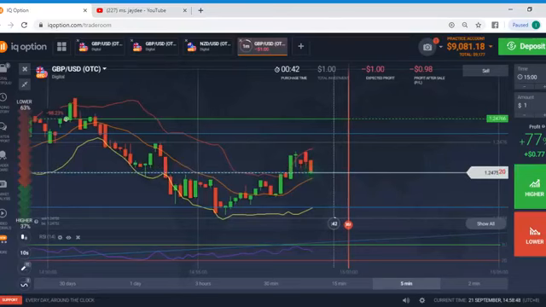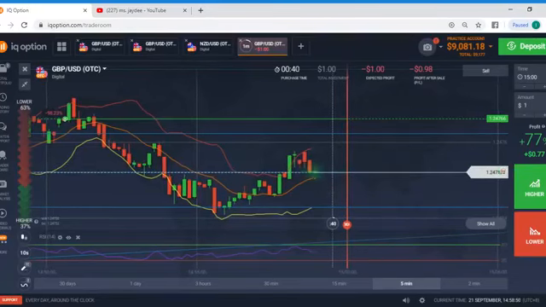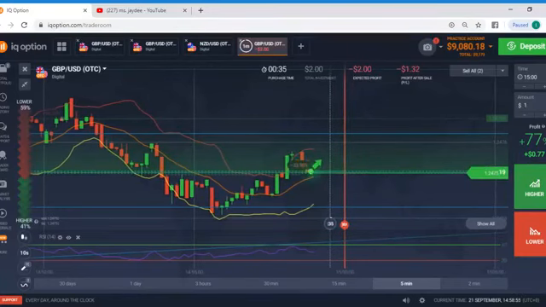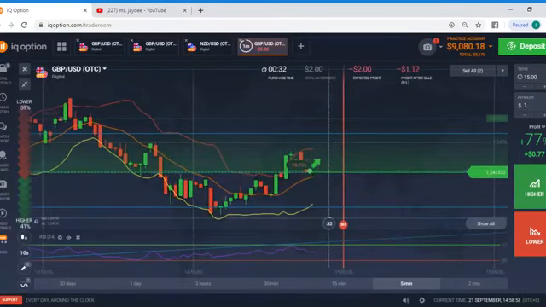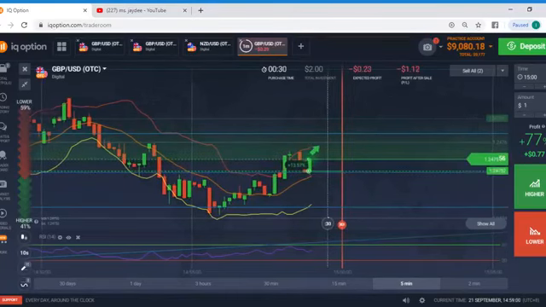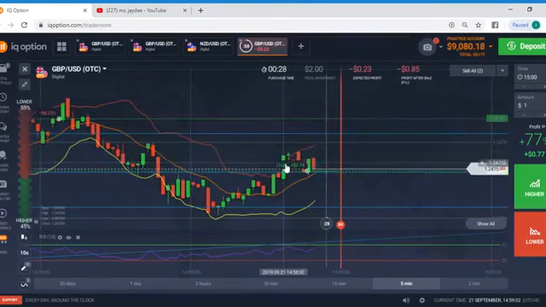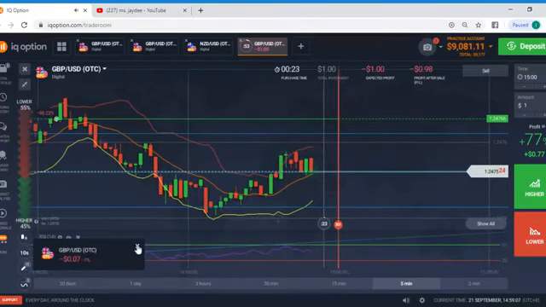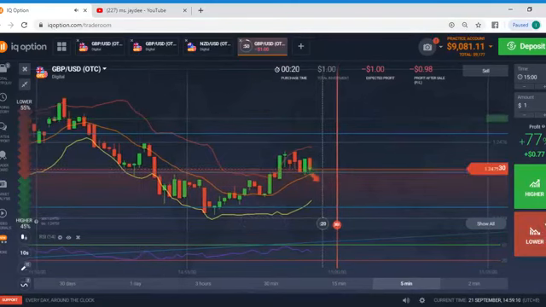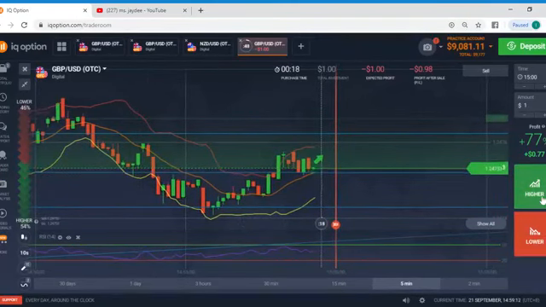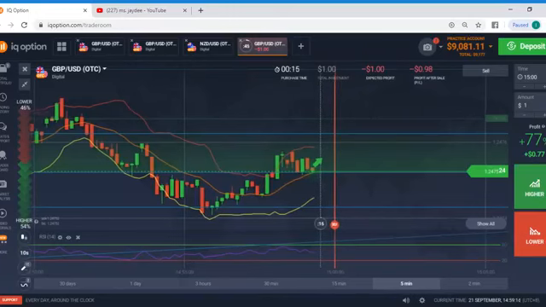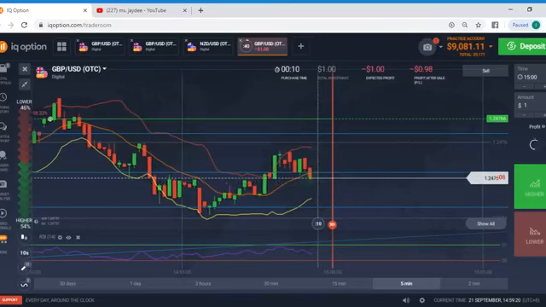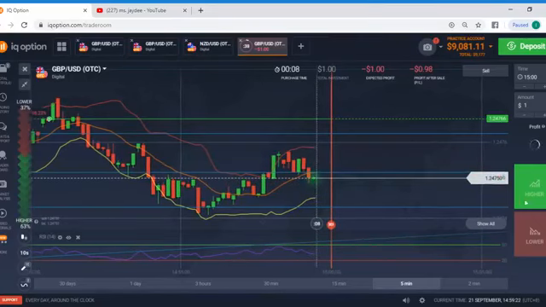Let's see. There's 43 seconds left. Let's see if MA20 will be respected in this case and will give us a good bounce, and it did. Take profit. Too slow. Let's try one more time. No, it broke the line.